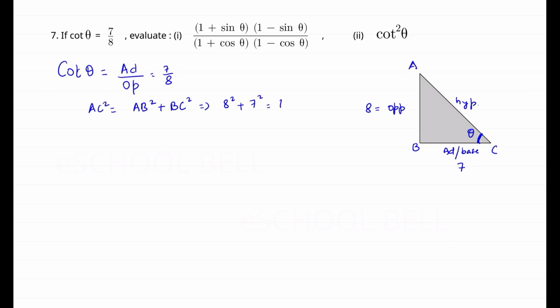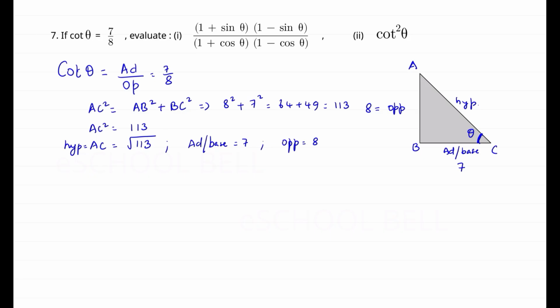That equals 64 plus 49, which is equal to 113. So, AC square is equal to 113, and therefore, AC will be equal to root of 113. So, AC is basically the hypotenuse. We know hypotenuse is root 113, adjacent or base is 7 and opposite side is 8.